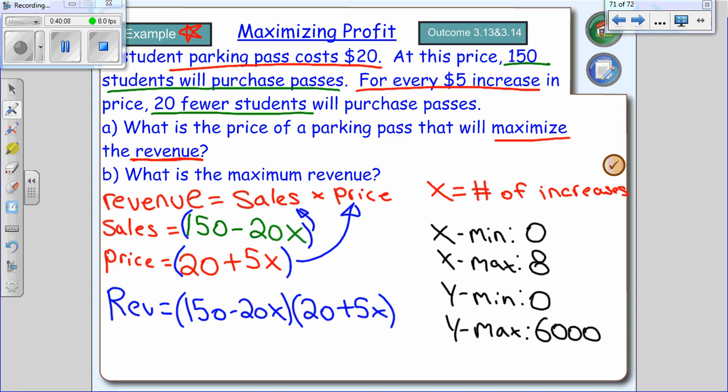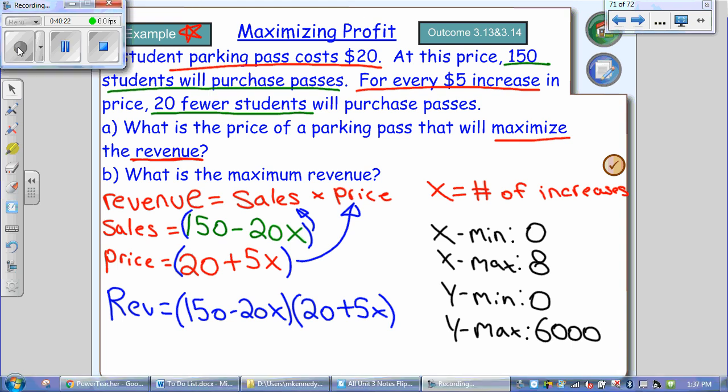Okay. When you graph this thing, you should have gotten a graph like I put on the whiteboard over there. It's just a little quadratic that kind of looks like this. When you did second trace maximum, you should have found this point right here.